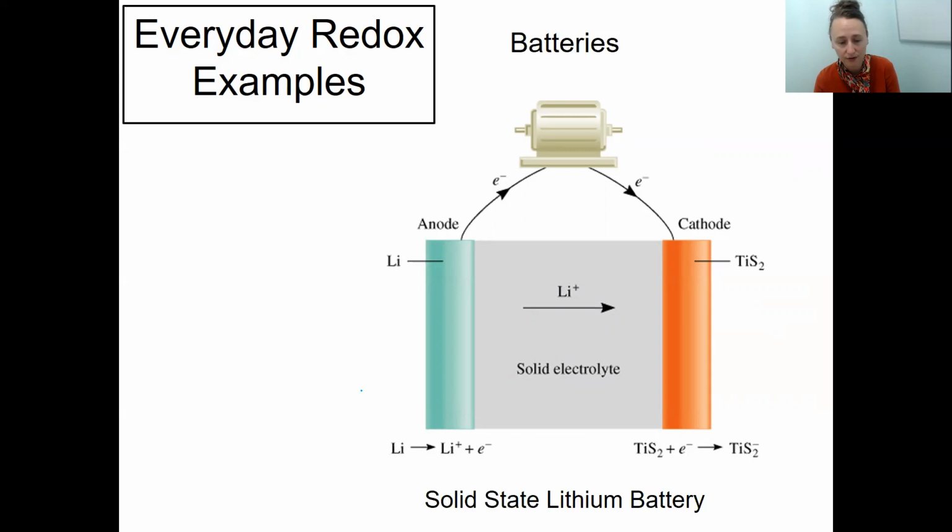So it's a strong reducing agent and has a lot of potential to get oxidized. And so we are using those results right now as we use our electronics, our cell phones, and our laptops. And so that technology has come a very, very long way.